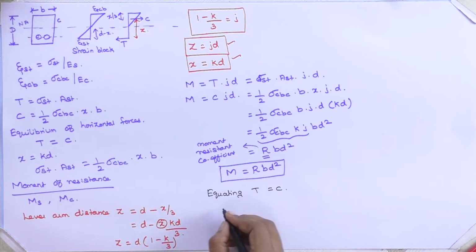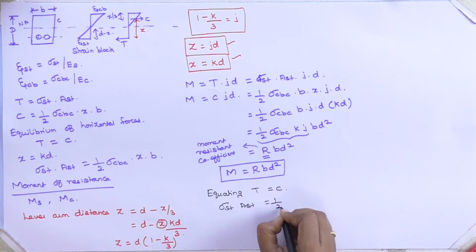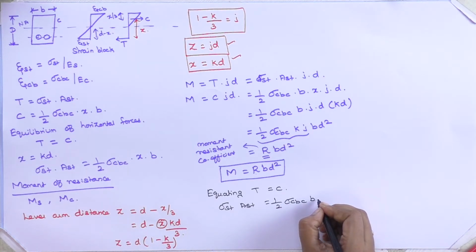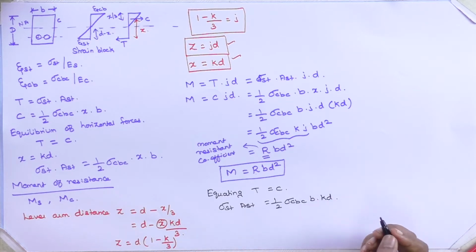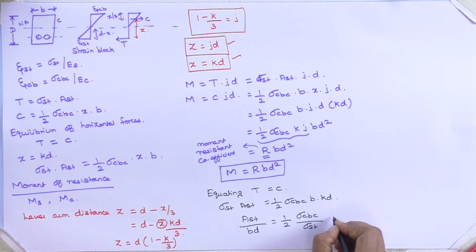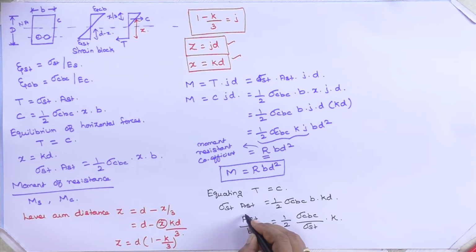T is equal to C, sigma ST AST is equal to half sigma CBC B into KD. Here AST divided by, take this BD here, BD is equal to half of sigma CBC divided by sigma ST into K. We can call this AST divided by BD is equal to percentage of steel.